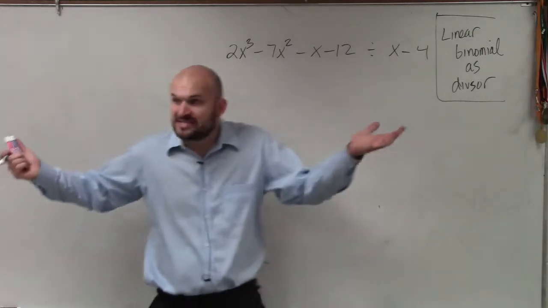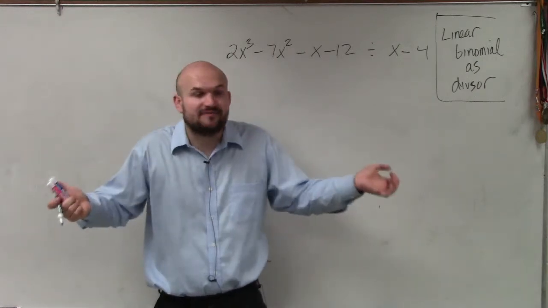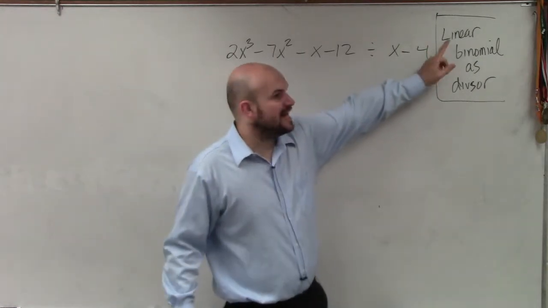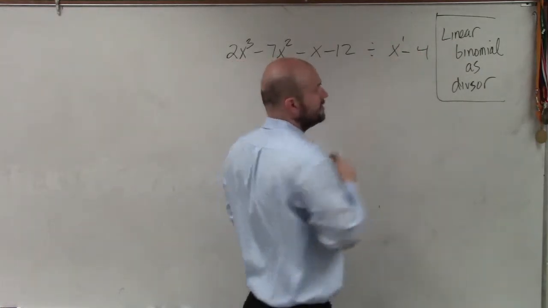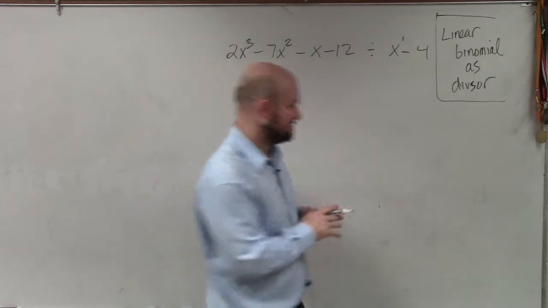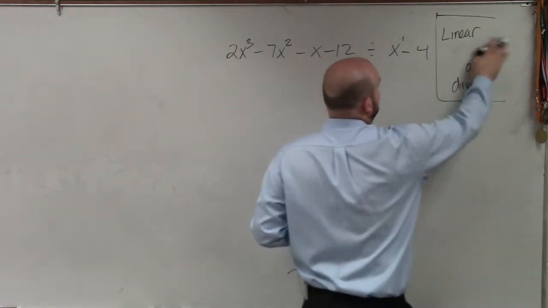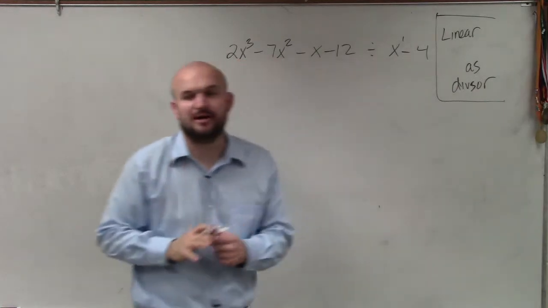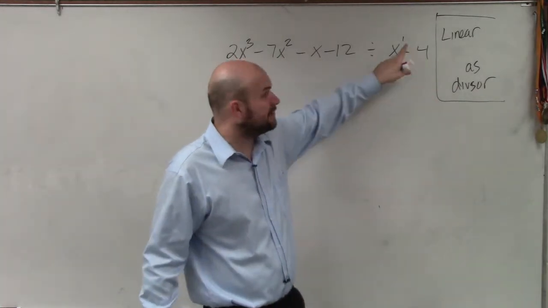So, do you guys remember classifying? When we classified, this has the power of 1, so it's linear. Actually, it doesn't have to be a binomial, it just has to be linear. But more than likely we're going to use binomials. Typically we use a binomial, but the main important thing is it has to be linear.